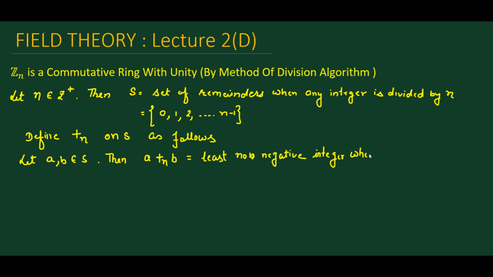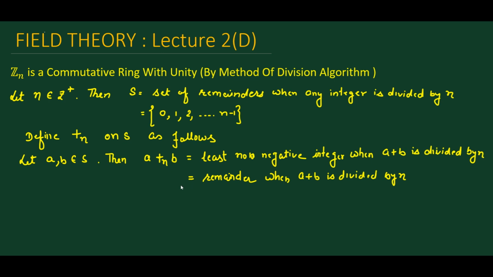when the sum a plus b is divided by n. And you know that the least non-negative integer is nothing but the remainder. So this is the remainder when a plus b is divided by n.